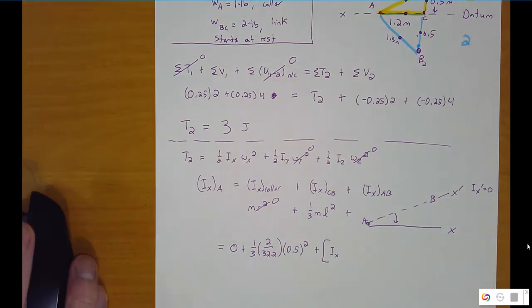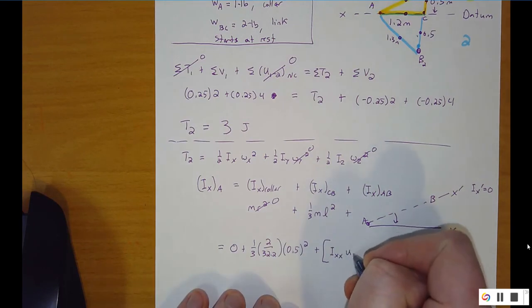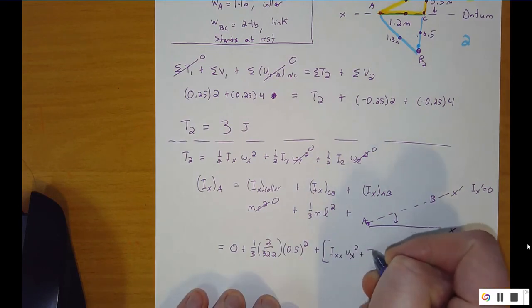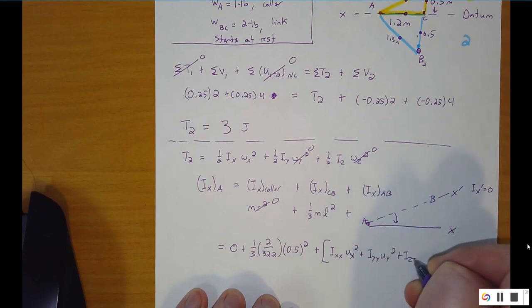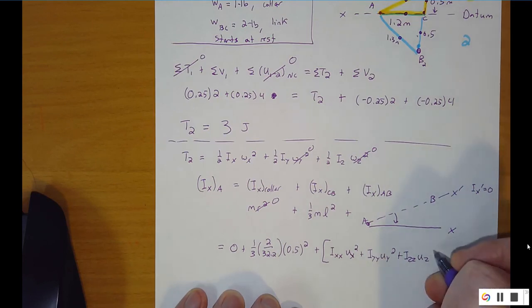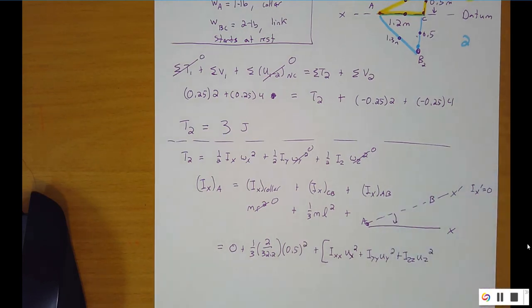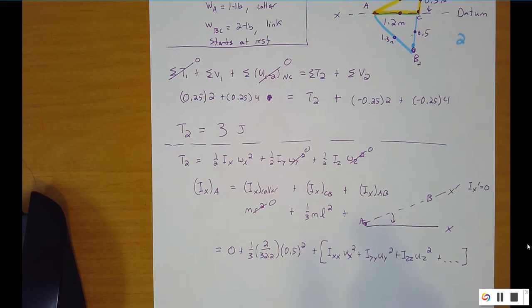All right, so it's Ixx ux squared plus Iyy uy squared plus Izz uz squared, where ux, uy, and uz are unit vectors. And then there's the products of inertia as well. But those are going to zero out because if you drew the cross section of the rod, it is symmetric. So I'm going to get nice zeroing out for all of those.